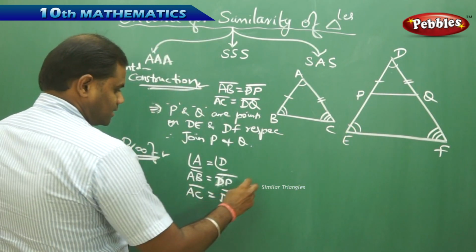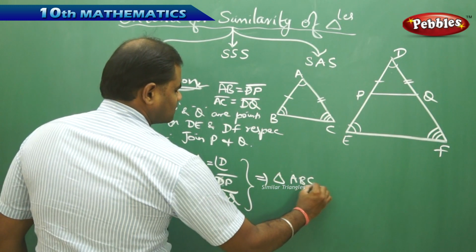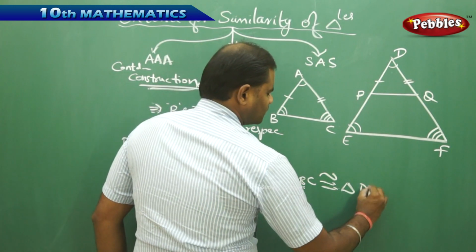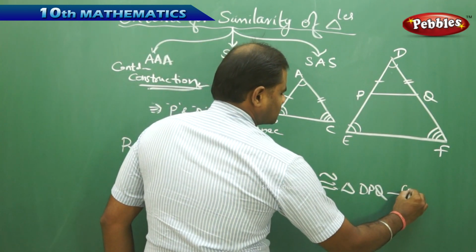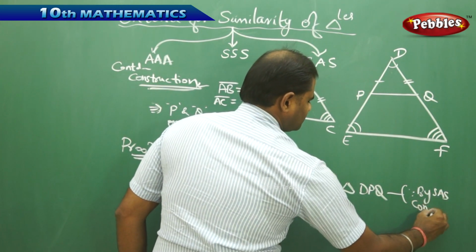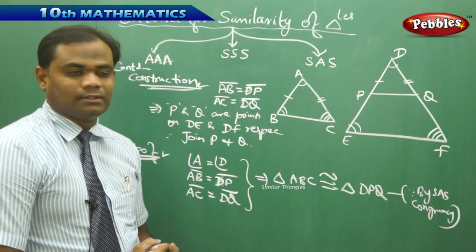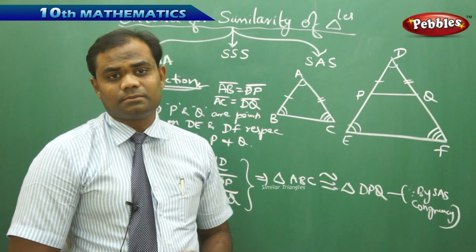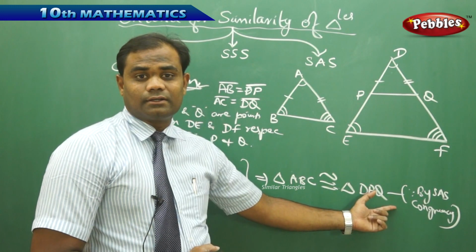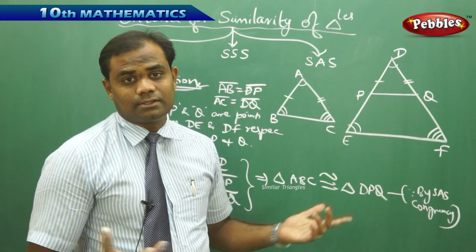Therefore, using SAS congruency, I can say that triangle ABC is congruent to triangle DPQ by the SAS congruency property. Now, when two triangles are congruent, then the corresponding angles and corresponding sides are the same.